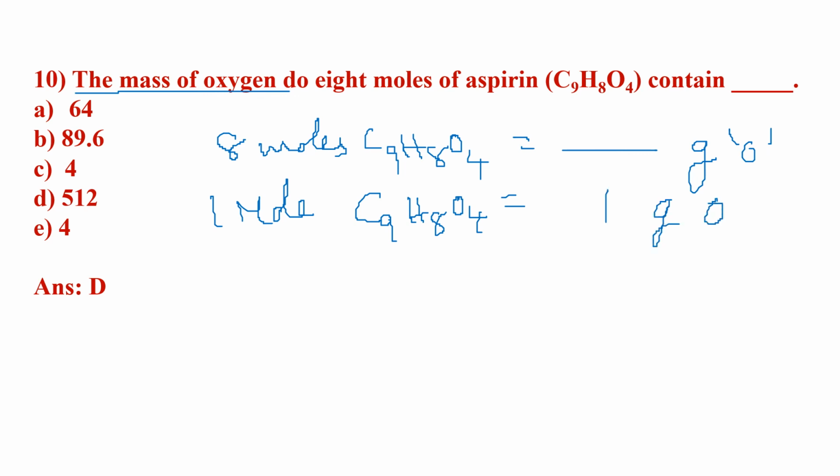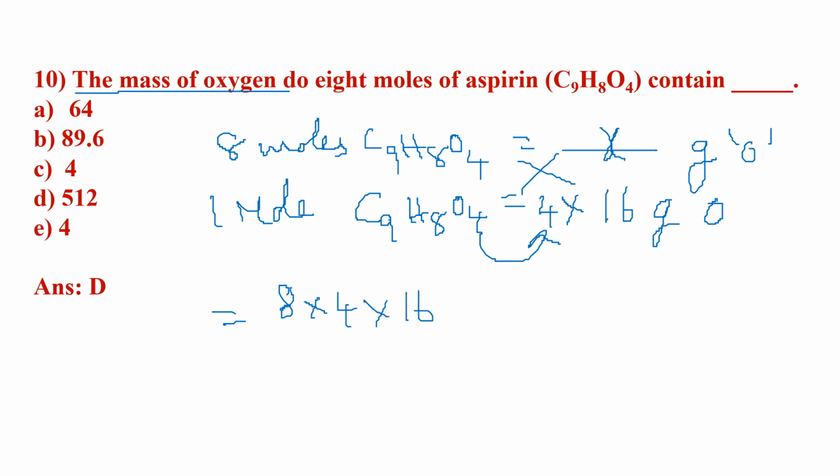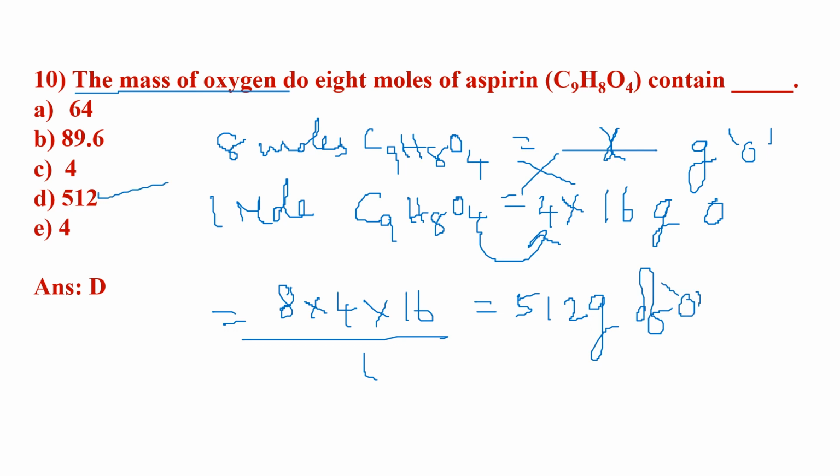Oxygen is 16, and there are 4 oxygen atoms, so 4 into 16 grams of oxygen. Then how do you do it? 8 into 4 into 16 divided by 1. Then you get 512 grams of oxygen. So D is the right answer.